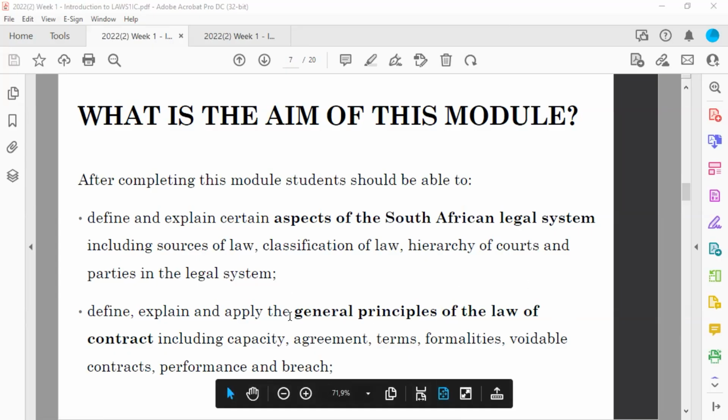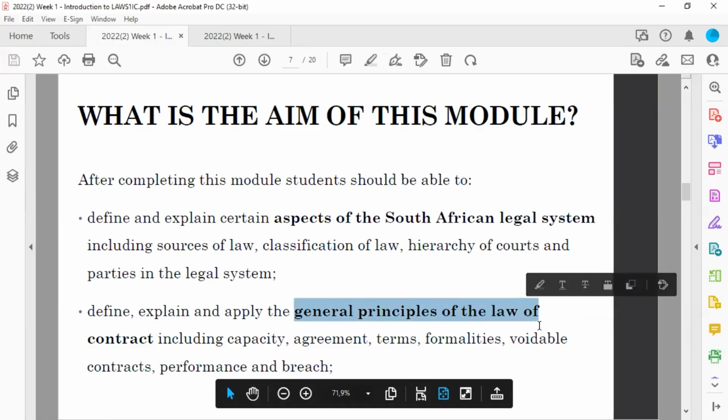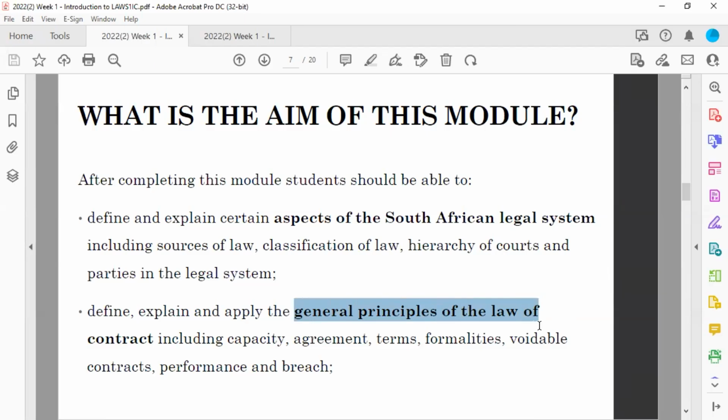Secondly, we're going to look at general principles of the law. The general principles of the law are the common requirements for all contracts. Those requirements are things like consensus. Consensus means that there must be an agreement between the parties.